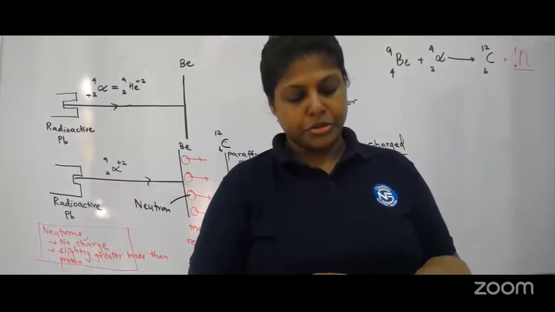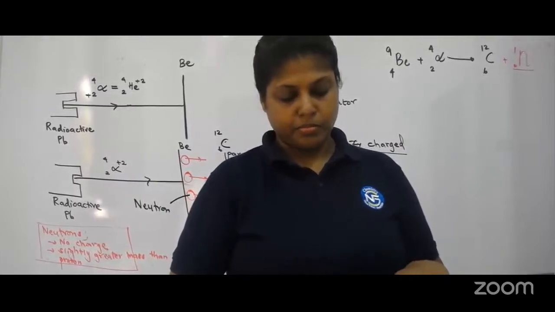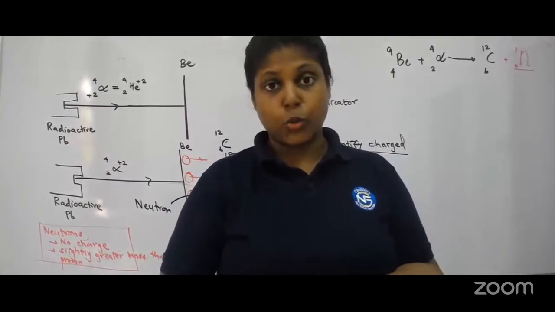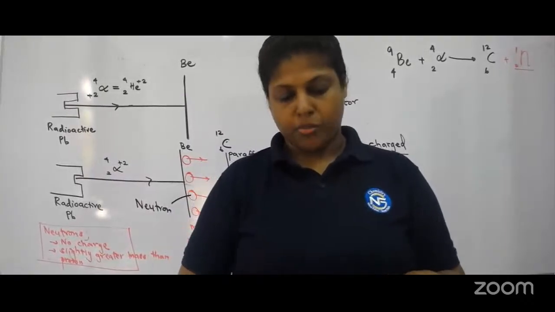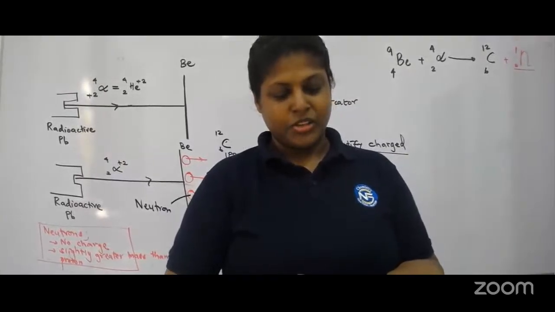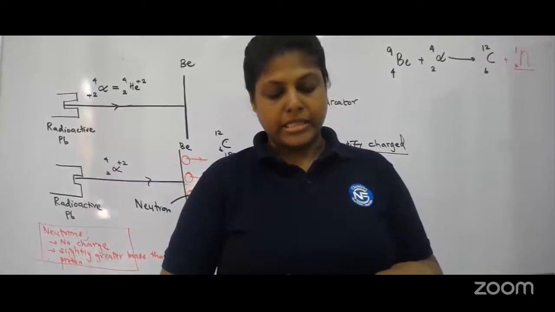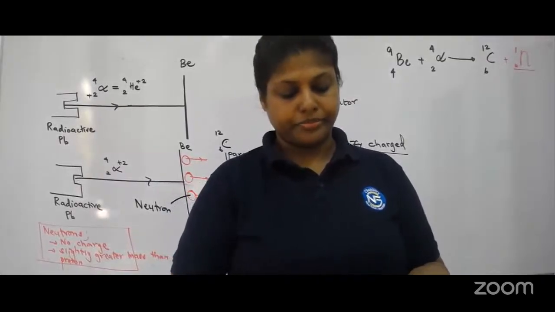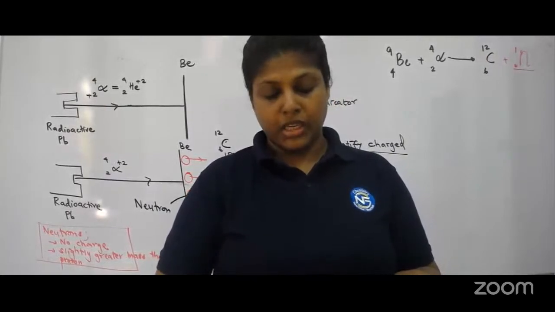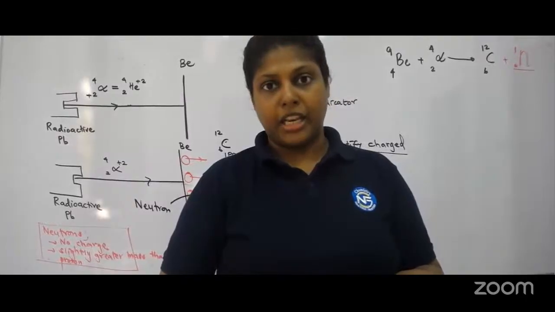The experiment results show that collisions with beryllium atoms would release massive neutral particles, which Chadwick named, write in red color pen, neutron.